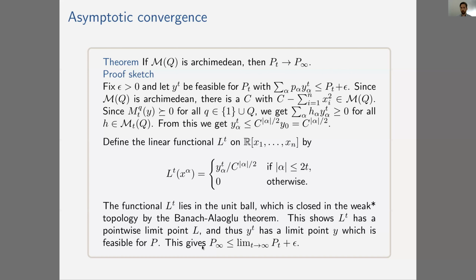This gives us this inequality: p infinity is at most whatever the limit is here plus this epsilon. And then, since we took epsilon arbitrary, we know that p infinity is at most the limit. Okay, so this is the proof sketch. It is a sketch mainly because I didn't really work this out.